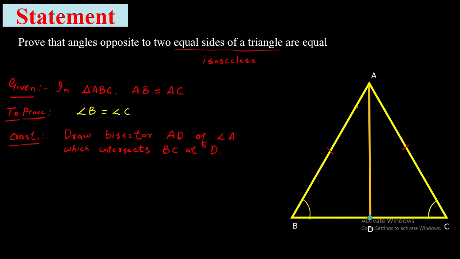That means angle A will be divided into two equal parts. So here this angle will be equal to this, so angle 1 will be equal to angle 2. Now let's give the proof.